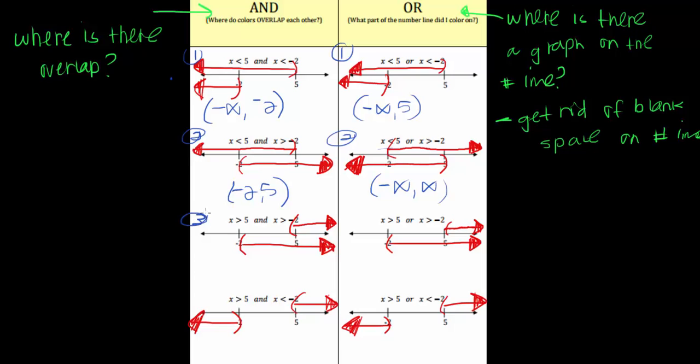Okay, example 3. We start out, we don't have a graph at all. And then at -2, we start having a graph, but there's no overlap. And at 5, we start getting overlap. And it continues forever after that. So from 5 to infinity would be our overlap.